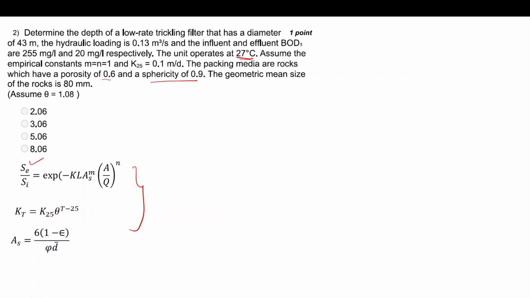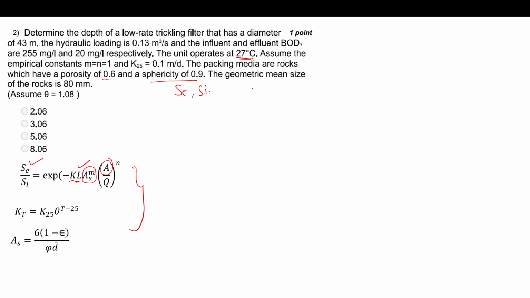K is the rate constant, L is the diameter, depth, AS is the spherical particle surface area, and A is the area of the tank, okay? Q is the flow rate. So now if we want to calculate the depth or L, what do we need? We need SE, we need SI, we need K, AS, A and Q.